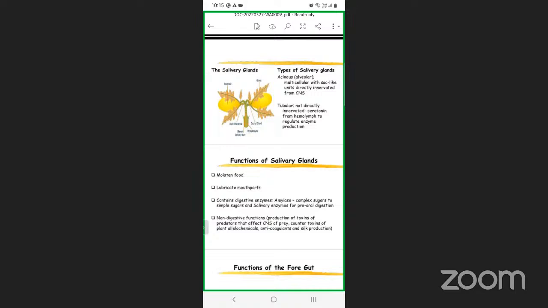Acinus type will be alveolar, that is multicellular with sac-like units directly innervated from the central nervous system, and tubular-like cells are not directly innervated, but serotonin from hemolymph regulates the enzymatic production in these salivary glands.